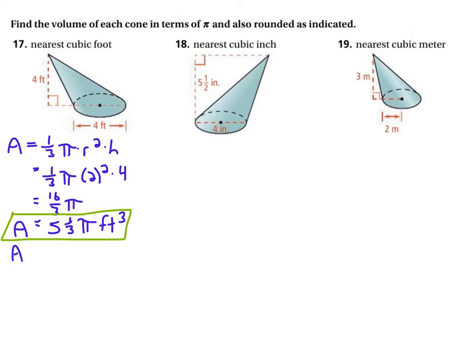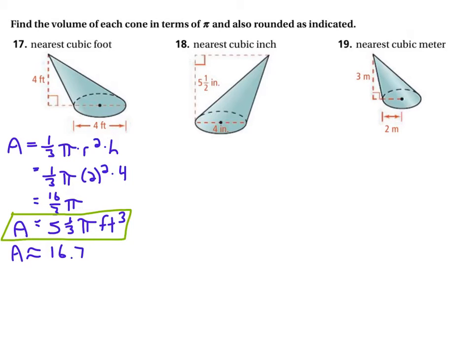But we will get then as our second answer, the volume is approximately equal to, now I have to do 5 1/3, or 16/3, times pi. And then I round it off. I got 16.7.